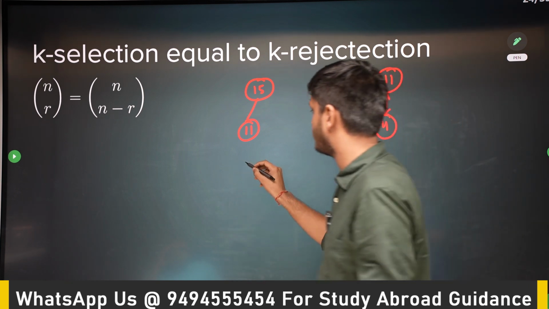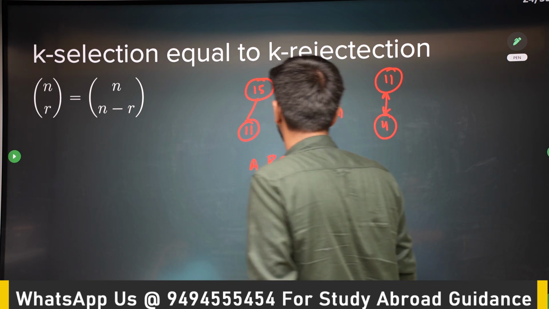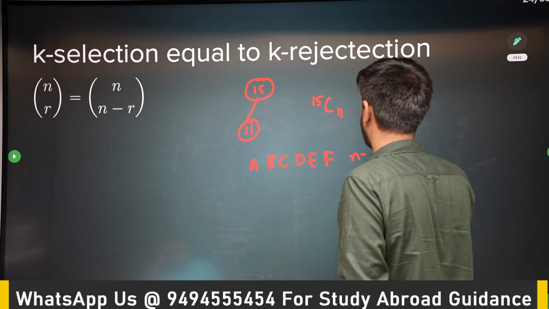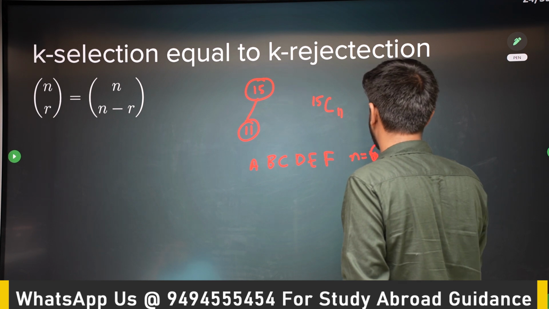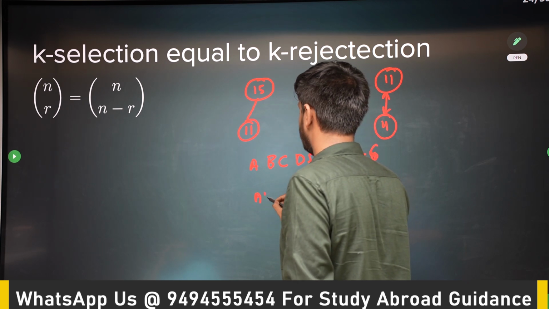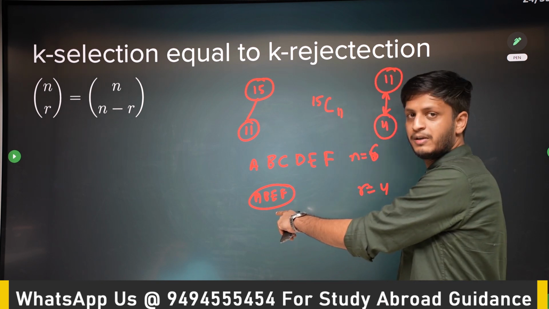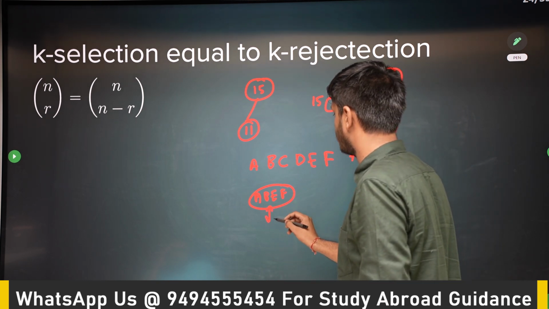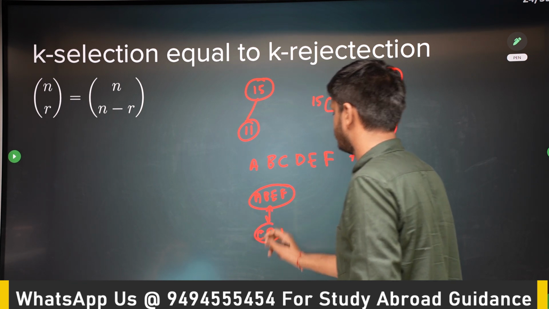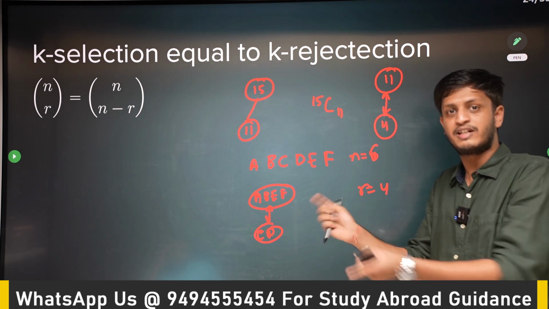In a simpler example, let's say A, B, C, D, E, F. I want to select 4 people. N is equal to 6, R is equal to 4. Let's say one such selection is A, B, E and F. Every selection of 4 people is equivalent to a rejection of 2 people. What 2 people got rejected? C and D. Every selection will have a corresponding, unique rejection.